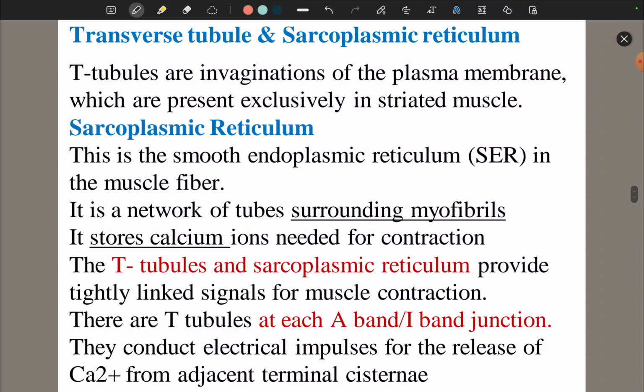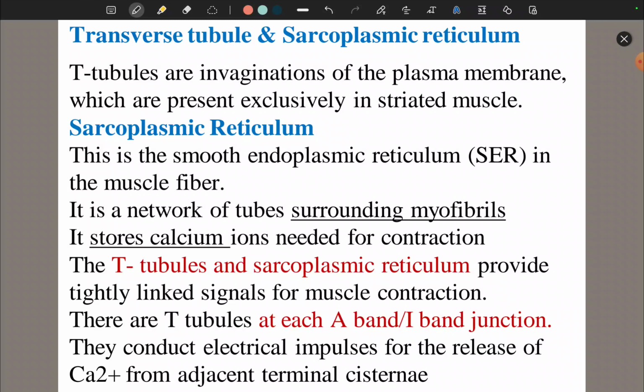Transverse tubule or T-tubule and sarcoplasmic reticulum are very important for the physiology of contraction of the skeletal muscle. What is related to our subject is their histological structure or feature.